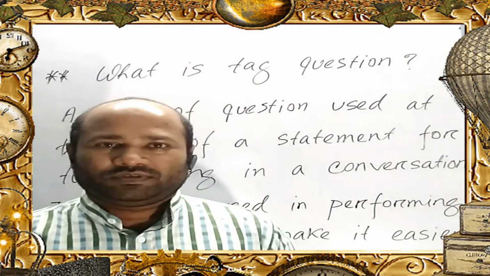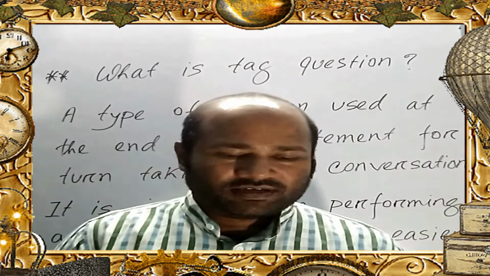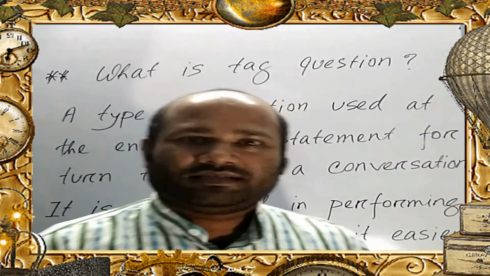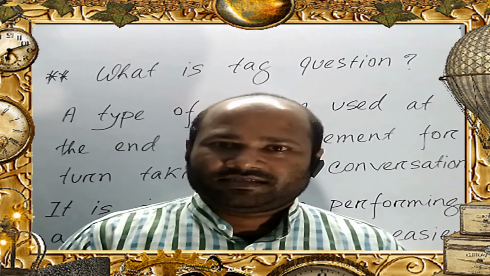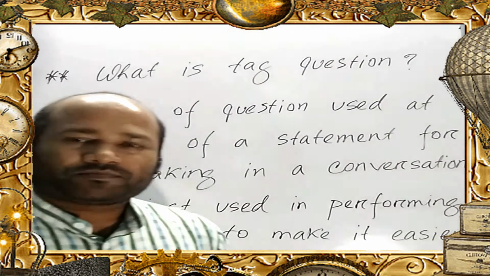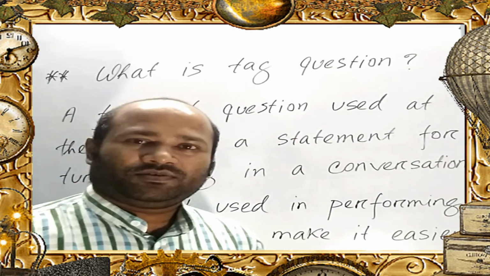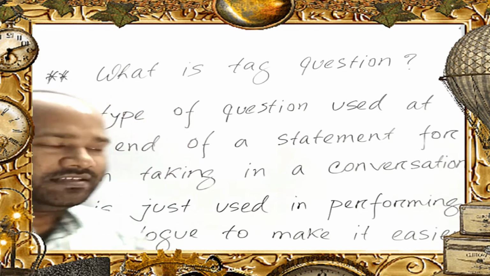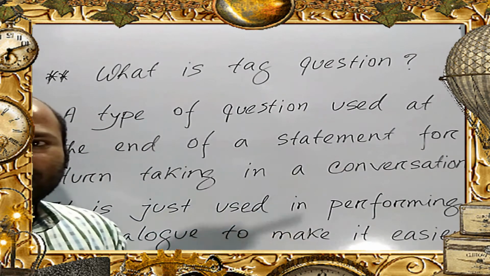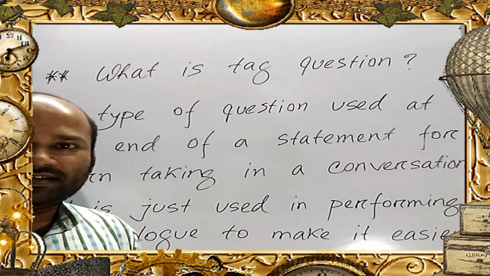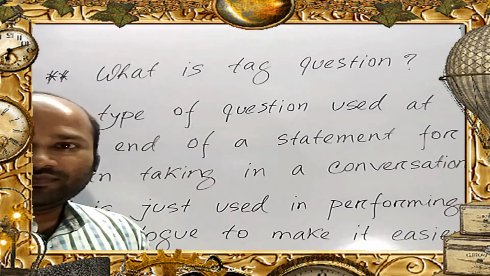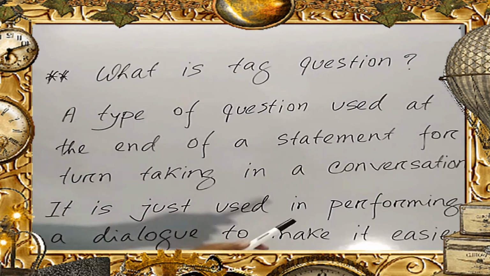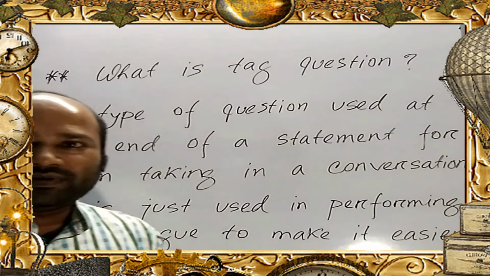As we know, we usually use interrogative sentences to make questions, but in a statement, that means assertive sentence, if we use assertive sentence to make conversation with each other, then it is used for turn taking, so that one can easily share his ideas or can know better from the other side. For this reason, it is just used in performing a dialogue to make it easier.